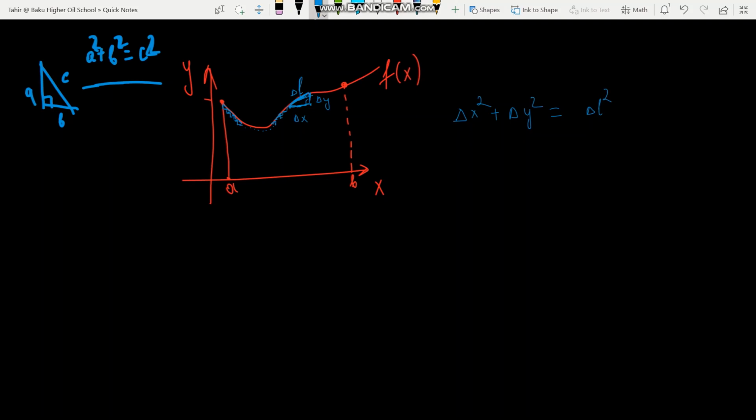To find delta L, we should take the square root of delta x squared plus delta y squared. We should find the sum of this term, delta x squared plus delta y squared, starting from point A to point B.